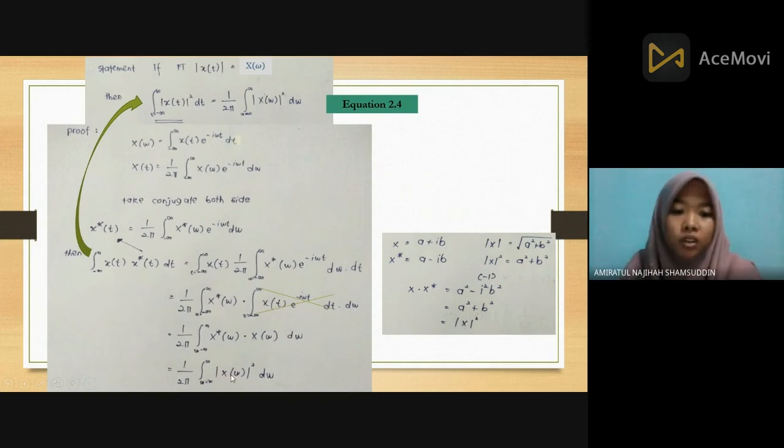Back to the question, the Parseval theorem: this equation will be 1 over 2 pi times the integration of the modulus of X(omega) squared with respect to d omega. So we have proved that from the integration of x(t) squared we get 1 over 2 pi times the integration of the modulus of X(omega) squared d omega.